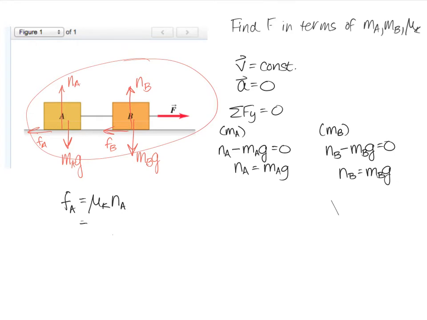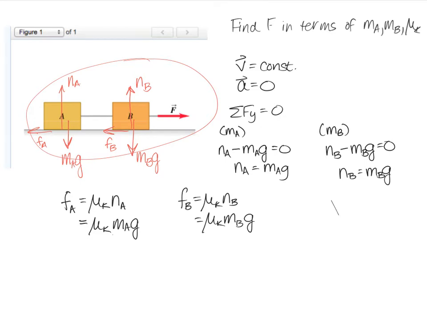So the frictional force acting on mass A is the coefficient of friction times the weight of A. And the frictional force of B, similarly, is going to be mu sub K times the weight of B. We're going to use those later on.